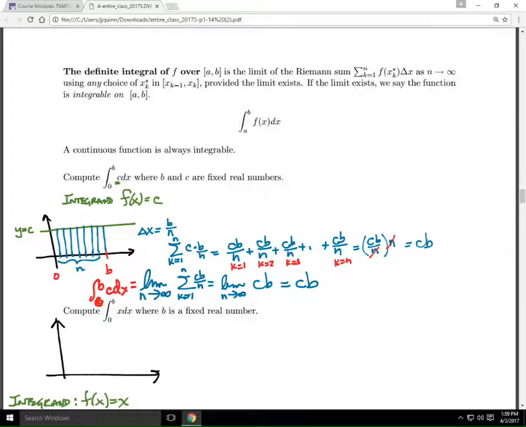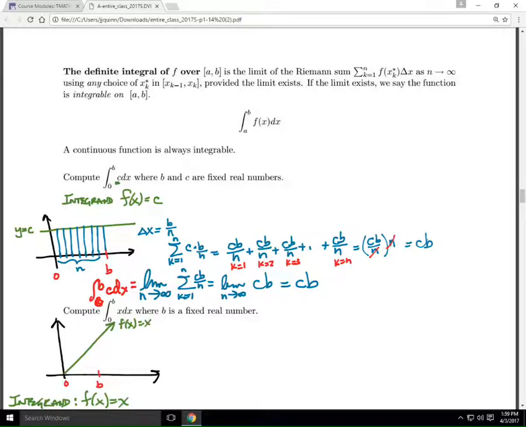For the next problem, our integrand is the function f of x equals x. That is a line of slope 1 that goes through the origin. And we are looking for the signed area under that curve between 0 and b.